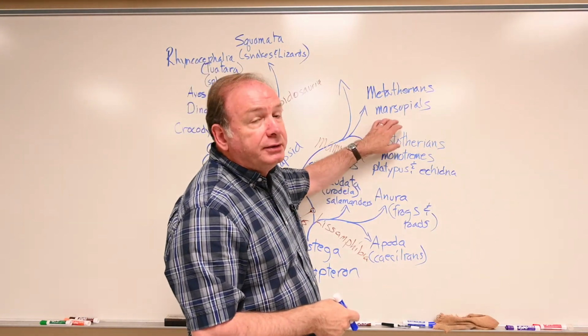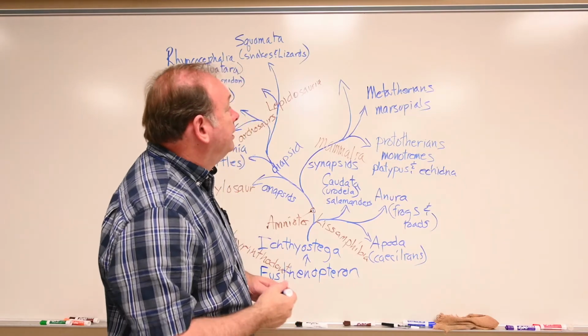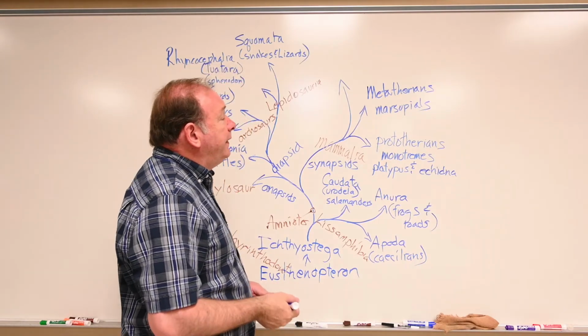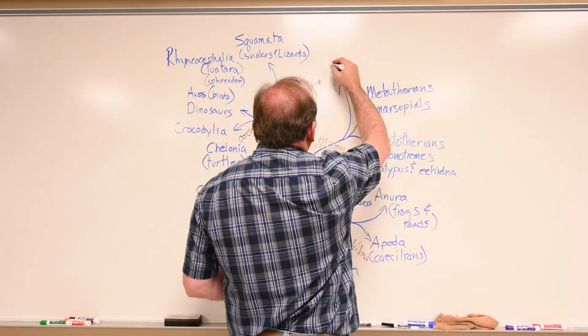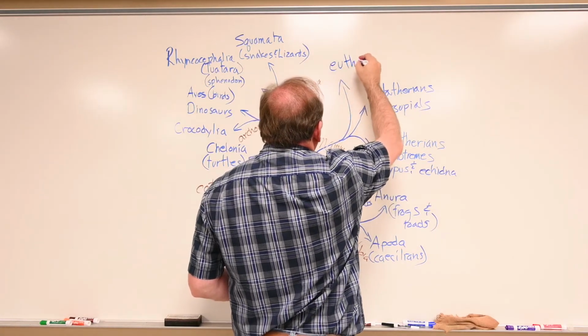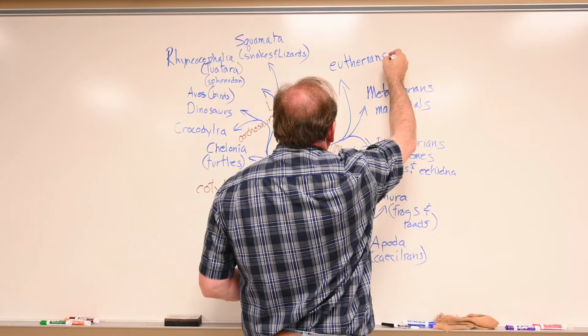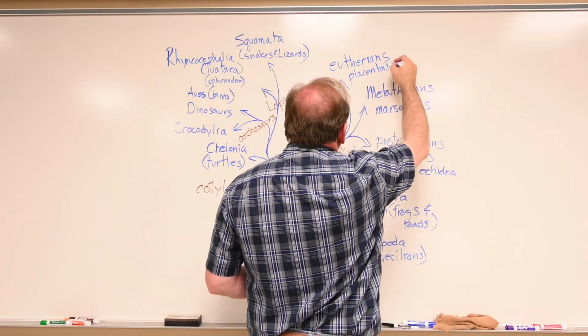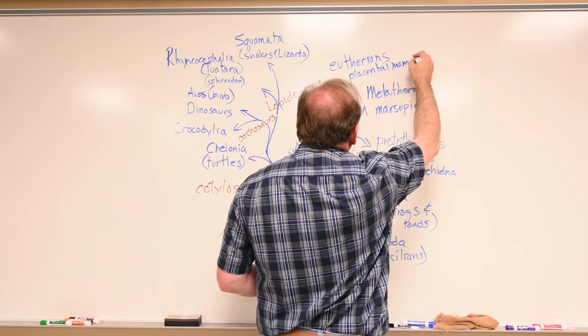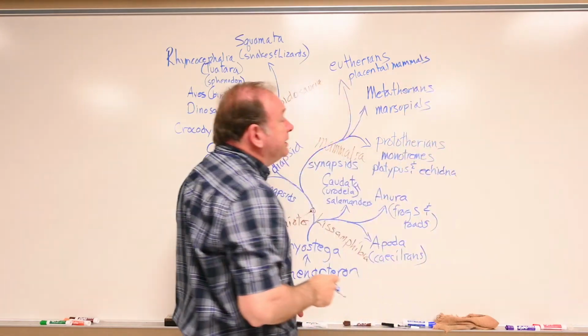Mostly Australian, some in South America, the marsupials or metatherians. And then finally the eutherians. These are placental mammals.